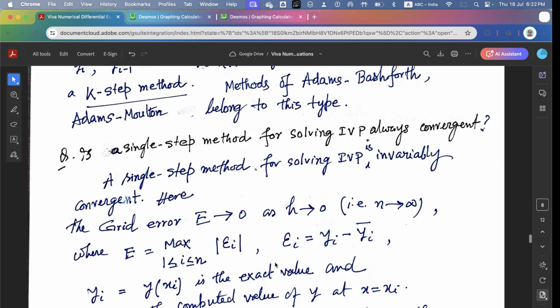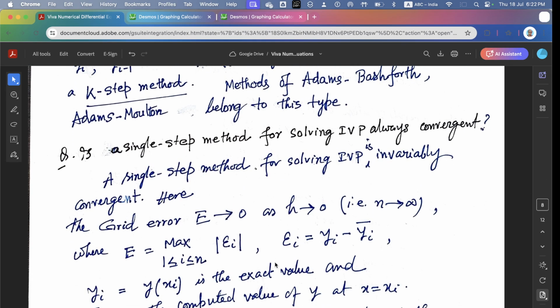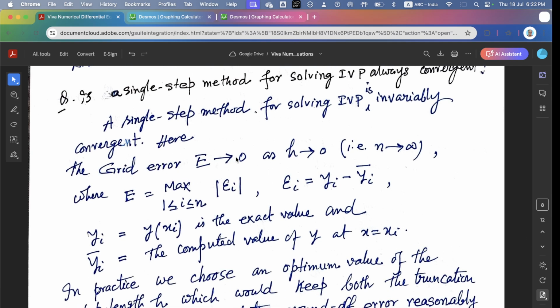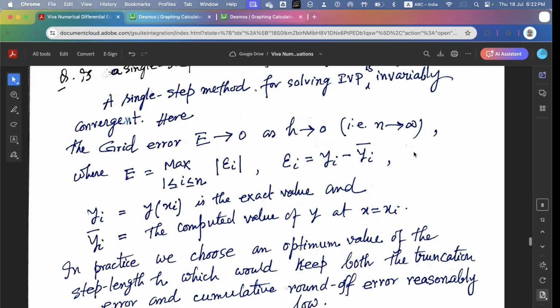Next question: is a single-step method for solving an initial value problem always convergent? A single-step method for solving an initial value problem is invariably convergent. Here, the grid error E tends to 0 as h tends to 0, that is, as the number of subintervals N tends to infinity, where E is the maximum of the modulus of epsilon i, and epsilon i equals yi minus yi bar.